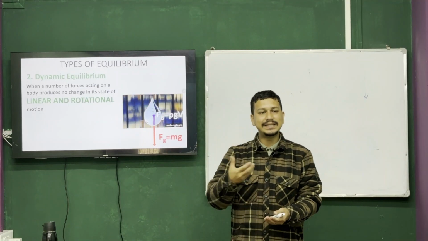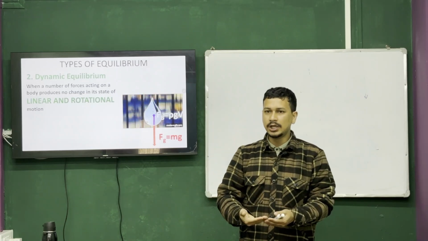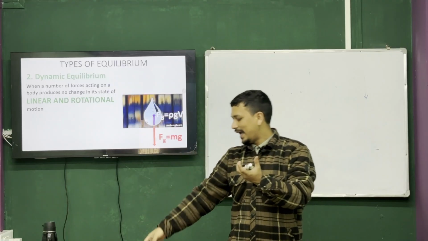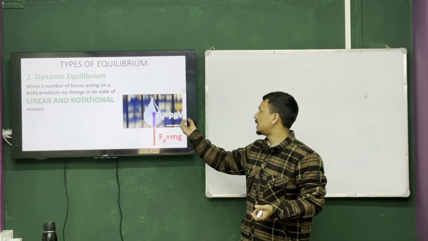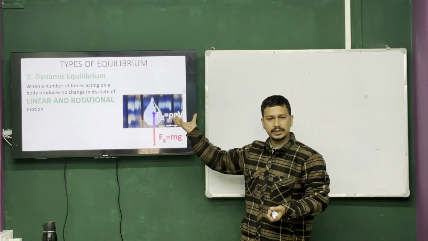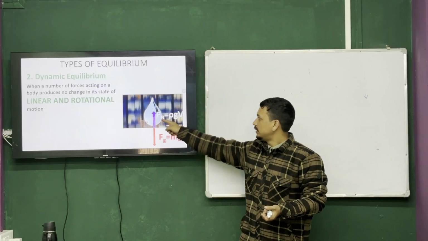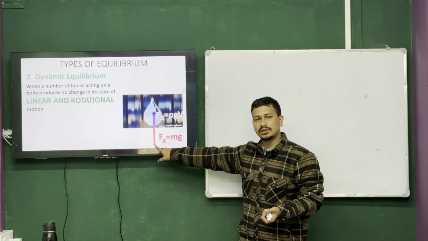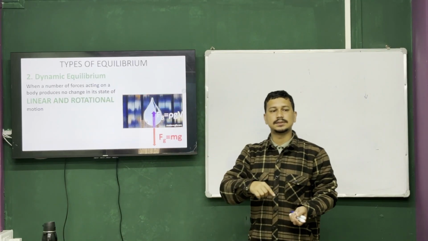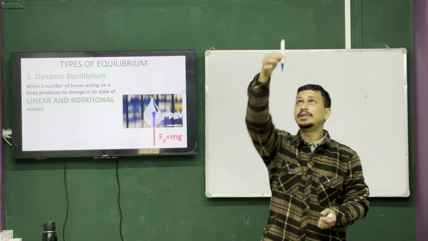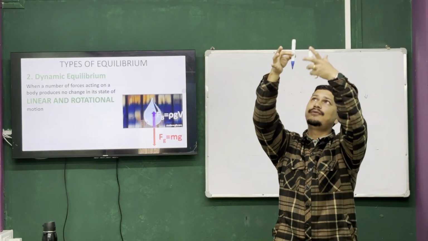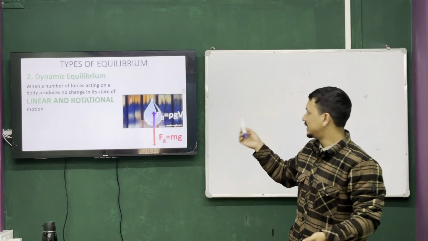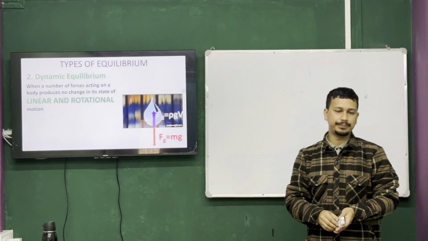That means it increases with your velocity. So as the raindrop comes down, its velocity will increase and the buoyant force will also start to increase, right? After a point, the buoyant force will become equal to the gravitational force. So what will be the net force? 0. So that means it is under no net force, and it is still falling down. So it's in the state of motion. This is an example of dynamic equilibrium.